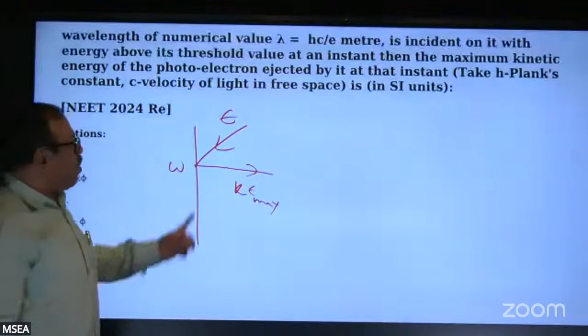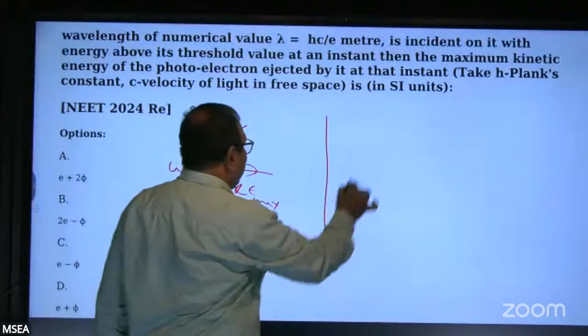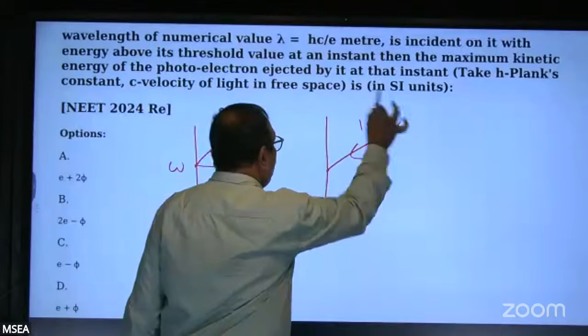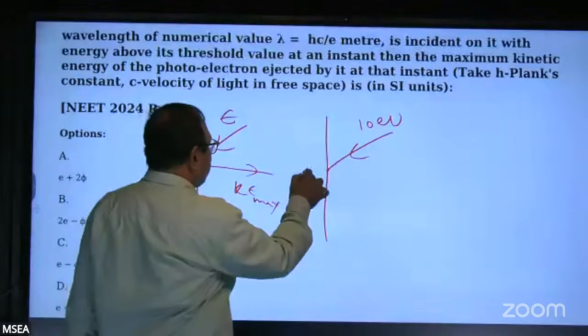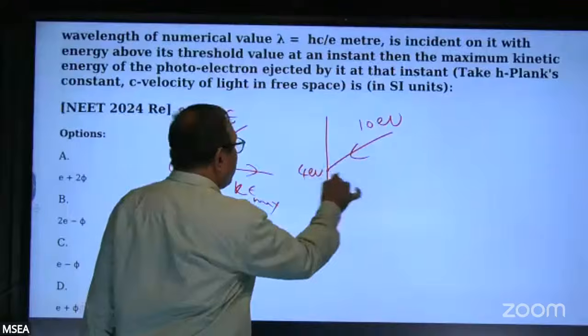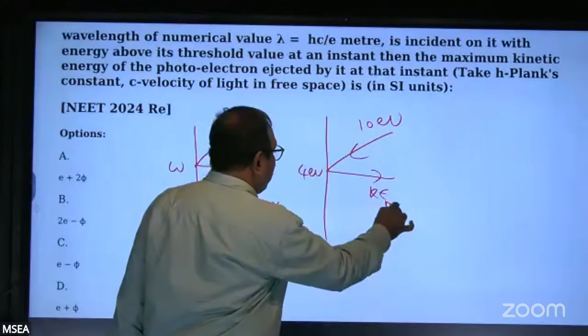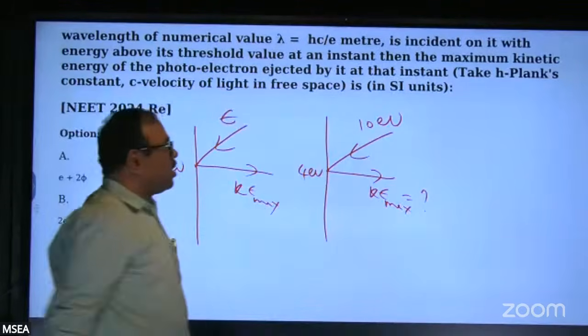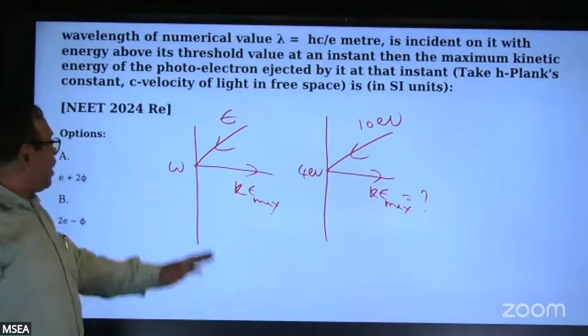Now one example: let us take 10 electron volt energy falling, and the work function is 4 electron volt. What should be the maximum kinetic energy of the photoelectron that comes out?